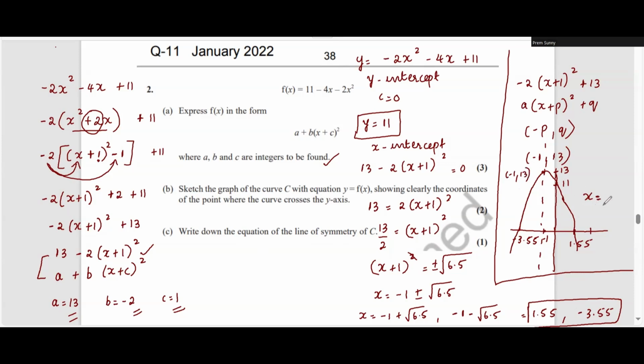In simple words, always write x equals whatever your turning point's x-coordinate is. The x-coordinate is minus 1. So x equals minus 1 will be your line of symmetry. To find the line of symmetry, it will always be x equals, and then check the minimum or maximum point, in this case the turning point. Whatever the x-coordinate of the turning point, x equals that will be your final answer.